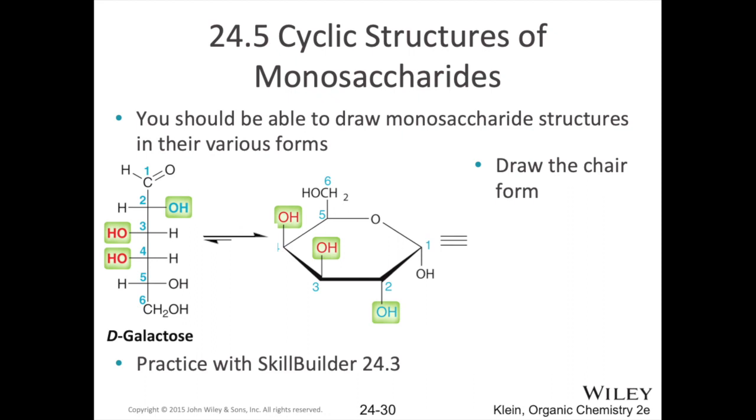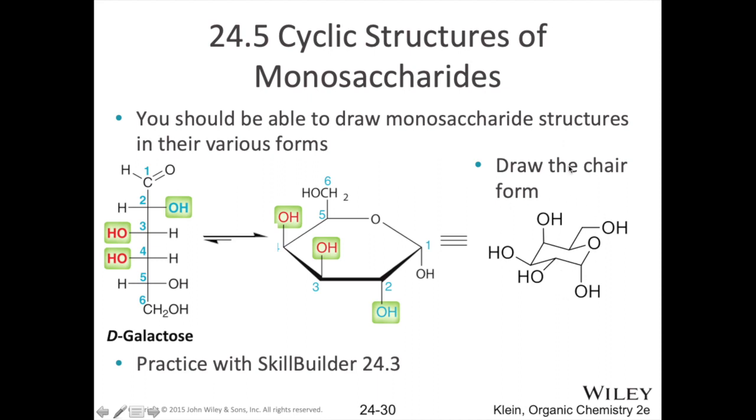That being said, keep in mind that these Haworth projections are basically a 6-membered ring, and as such, we can draw a chair form just as we would for cyclohexane. Okay, so instead of a Haworth projection, you could draw it as this chair form.